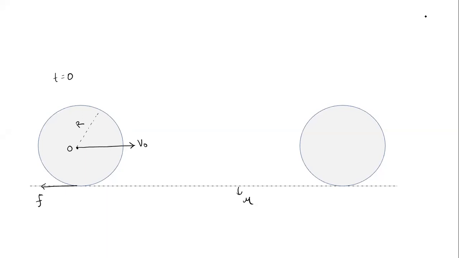After some time, the body starts pure rolling. Pure rolling means omega is equal to v by r. Now the velocity changes to v. So we need to find that time when the body starts pure rolling.